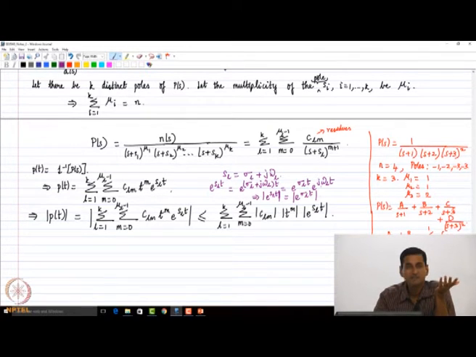Because the magnitude of e power j omega_l t is 1, and the magnitude of e power sigma_l t is anyway e power sigma_l t, because the exponential term is non-negative. It can asymptotically go to 0, so I just remove the absolute sign. Is it clear how we got this simplification?